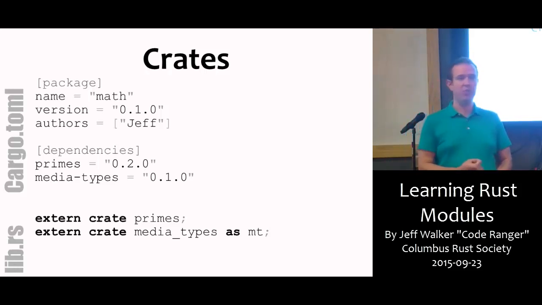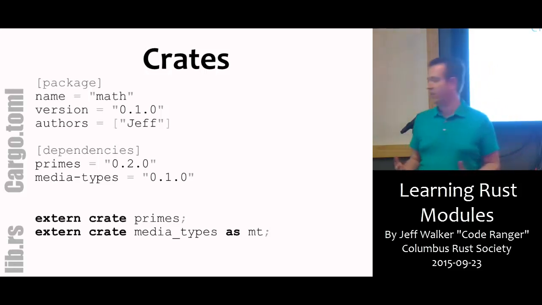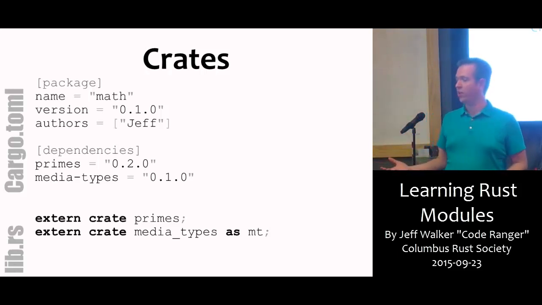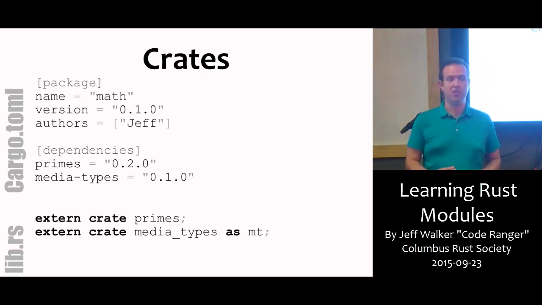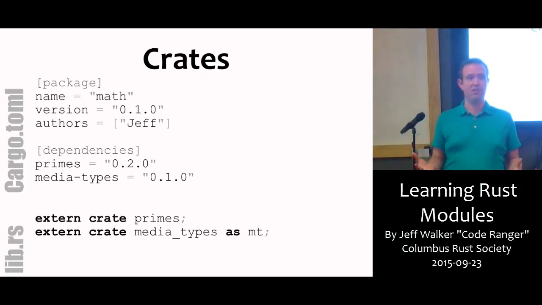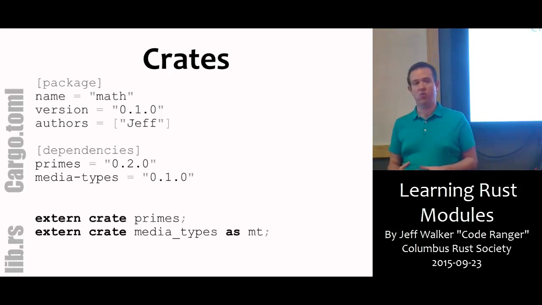And you use cargo to build those, and you declare the properties in your cargo file. So we have here a cargo file for the library crate that we've been working on. You can see we've given it a name, a version, who its authors are, and then we've listed some further dependencies. Those dependencies are crates that have been published on crates.io. So you can go out there and explore what crates are available.